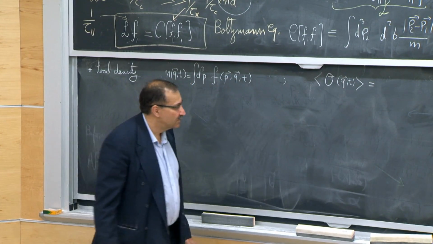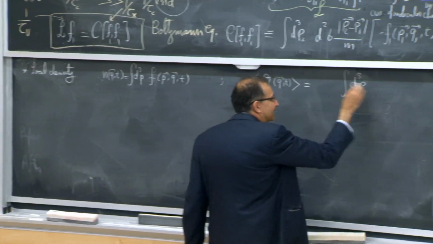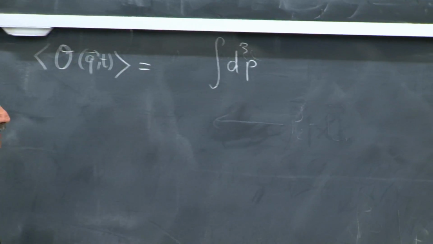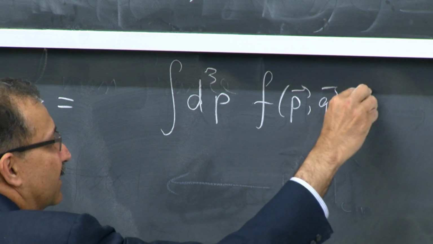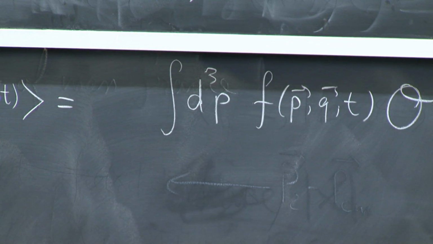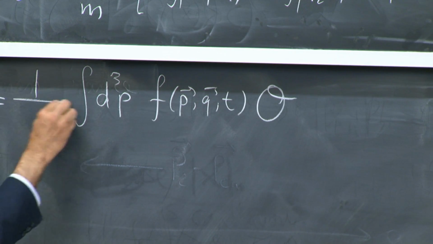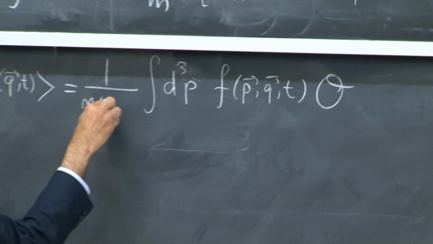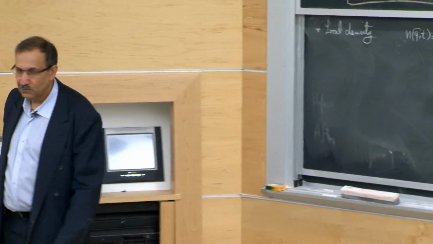What I do is I integrate at that position f of p and q and t, and this function O. Okay? And then actually I also define a normalization. I divide by n of q and t.